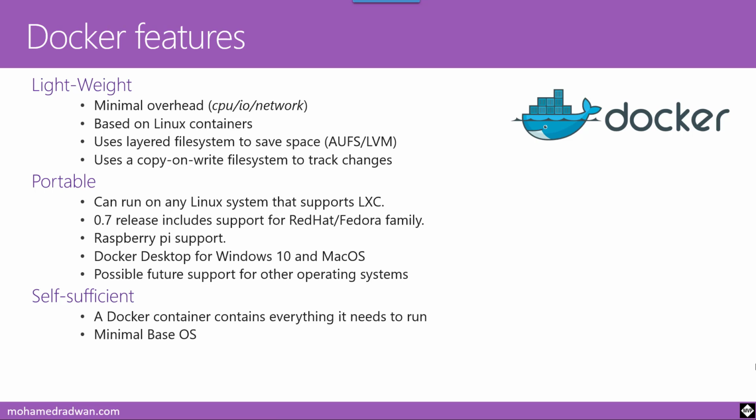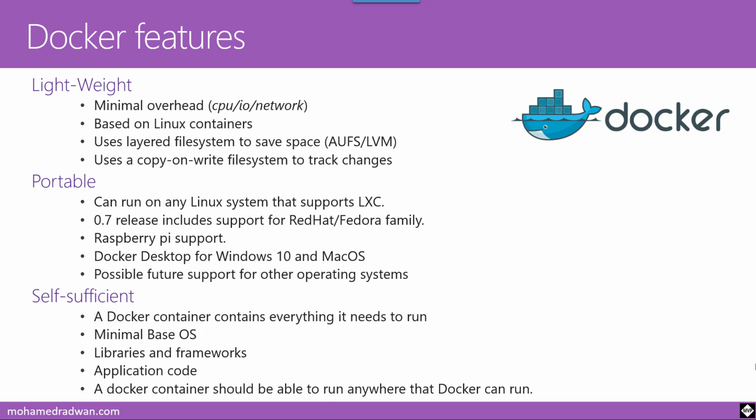So it has the minimal base OS, libraries and frameworks, and application code. A Docker container should be able to run anywhere that Docker can run, which means you can run your application on all the platforms as we explained before, the same way as it runs on any of them. And this really explains how Docker containers are changing the way we build and run our applications.